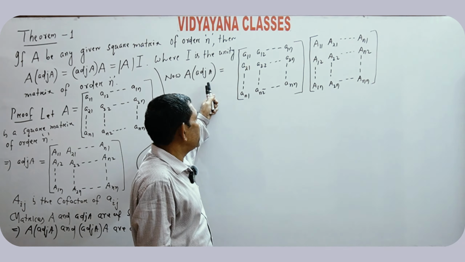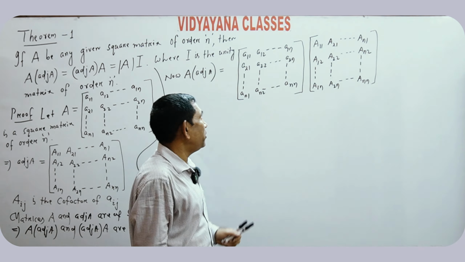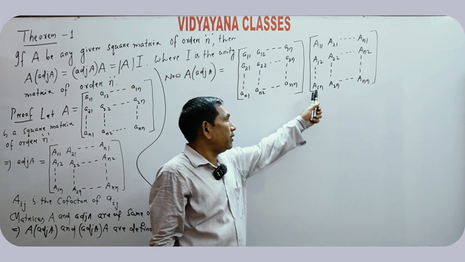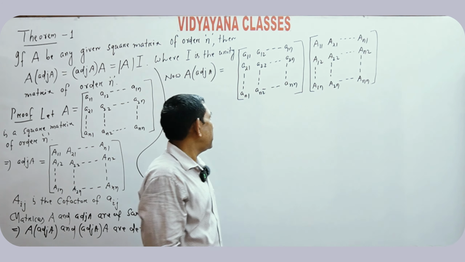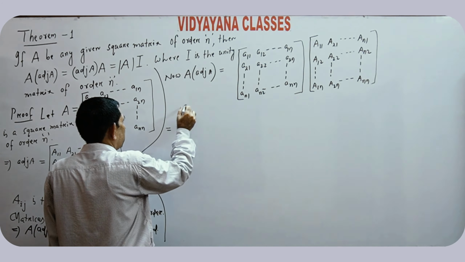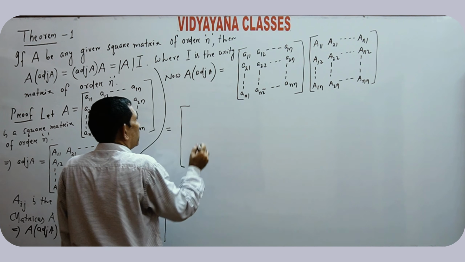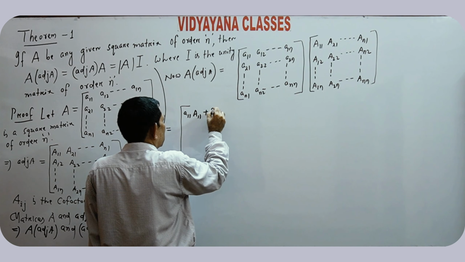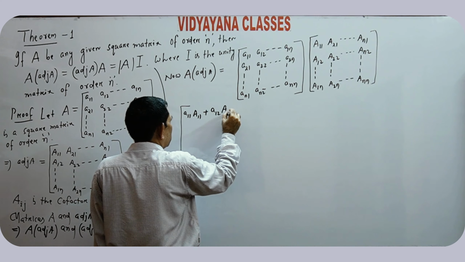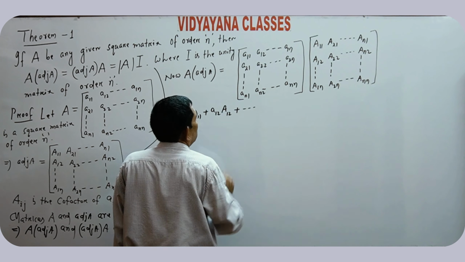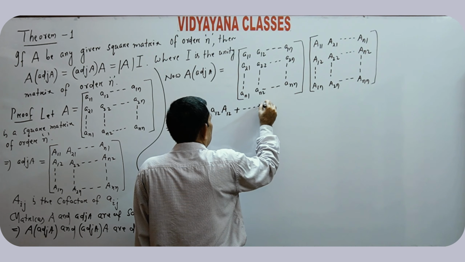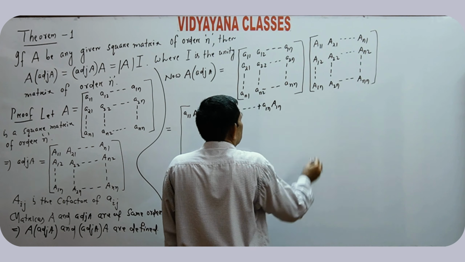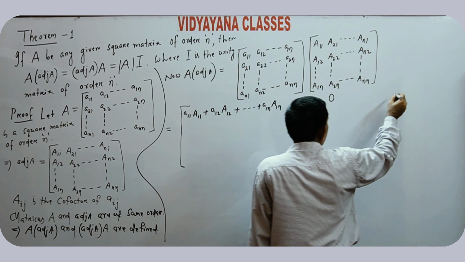A into adj A, according to the principle of matrix multiplication: go through row 1, come down in column 1, multiply the corresponding elements and add them. It gives a11 capital A11 plus a12 capital A12 plus dotted a1n capital A1n. Next, a11 capital A21, a12 capital A22, plus dotted a1n capital A2n, it is 0. It is also 0.